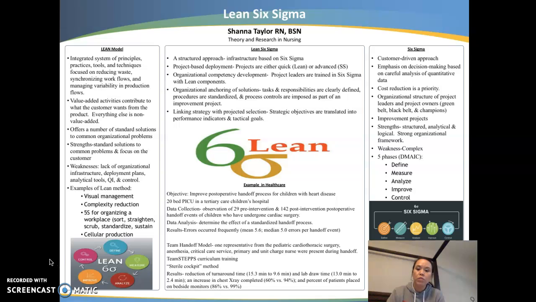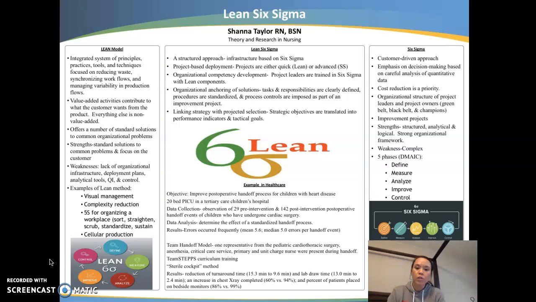They observed 29 pre-intervention and 142 post-intervention post-operative handoff events after the children had cardiac surgery. They wanted to determine whether a standardized handoff process brought improvement.